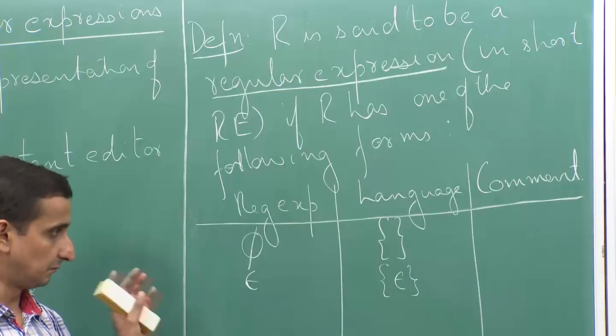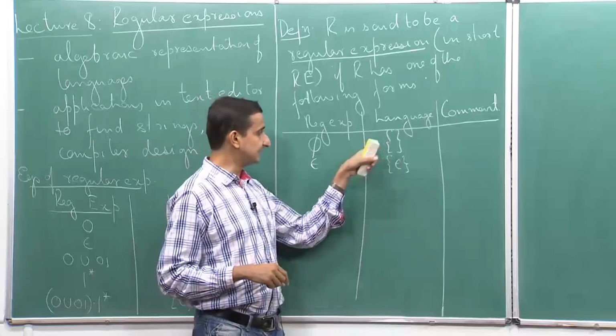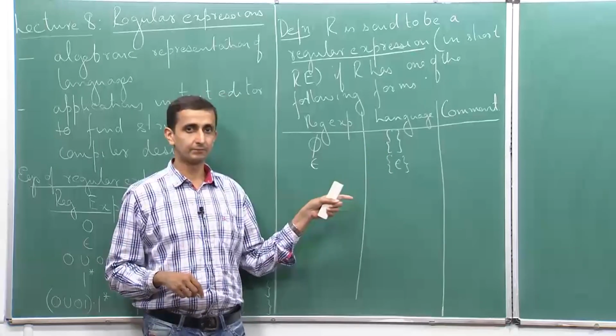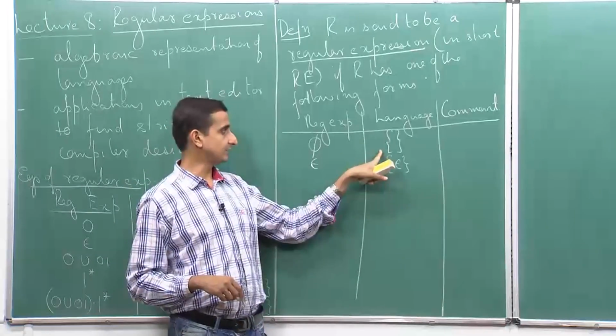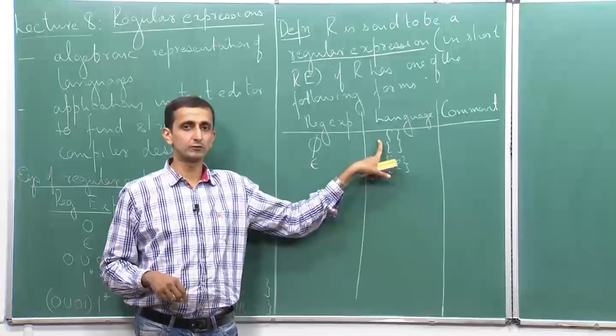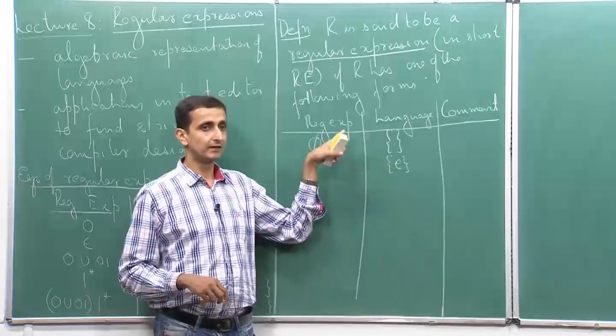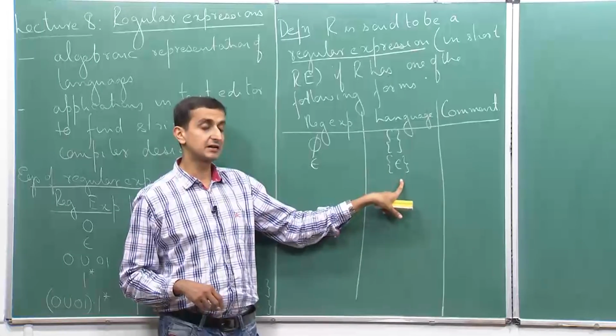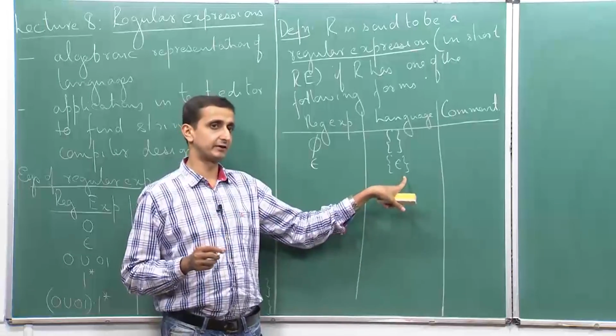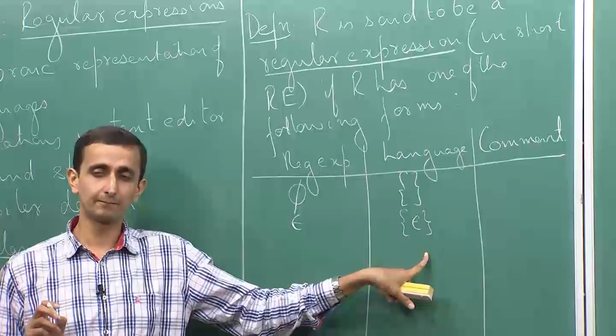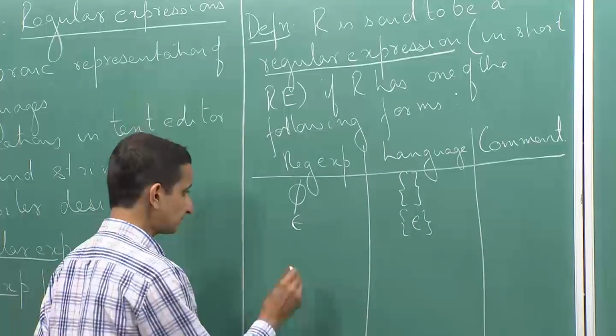Okay, so an important point is that these two languages are different. The first language is the empty set or the empty language which does not contain any string. The second language is the language which contains the empty string, so it is the language which contains a single string, the empty string epsilon.